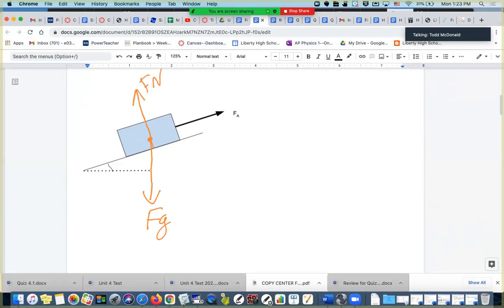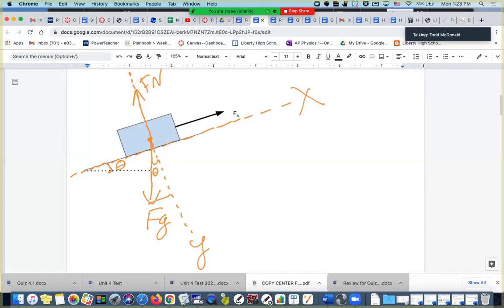And what I'm trying to help you catch is that if we redefine this plane right here as our x-axis, and we redefine this right here as our y-axis, then this angle, theta, is equal to this angle here, theta.